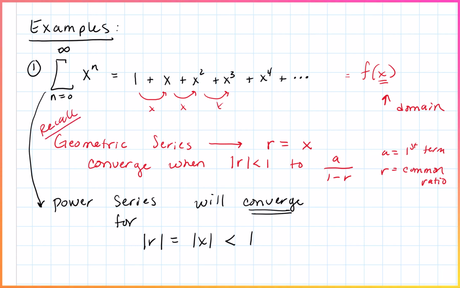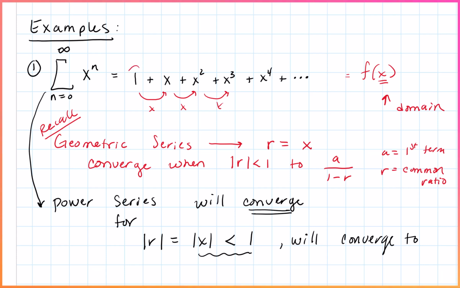So if we've just identified this power series as a geometric series with a common ratio of x, we know it will converge when the absolute value of x is less than 1. And not only that, we know what it will converge to. Well, what is a?